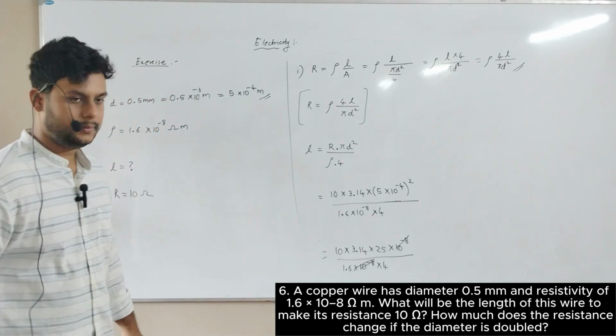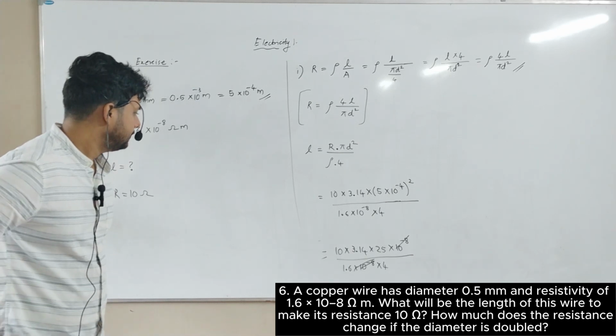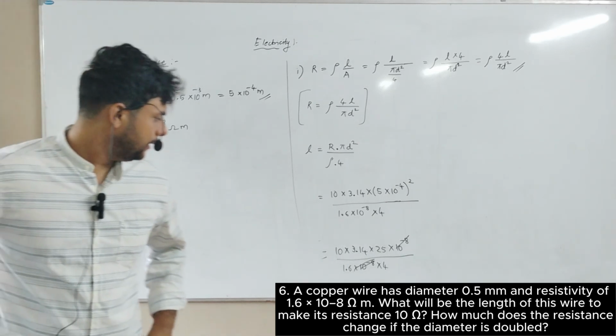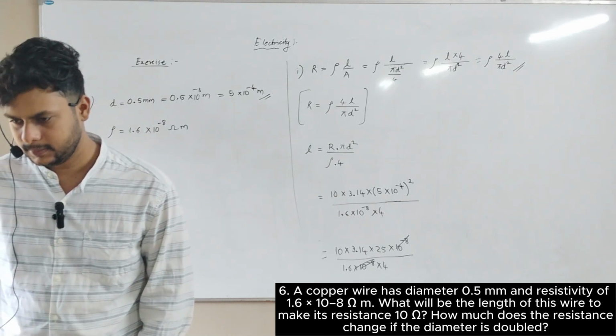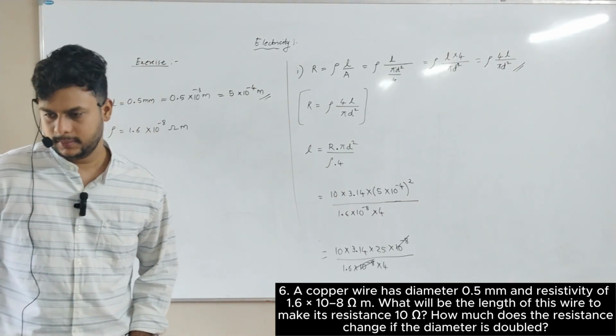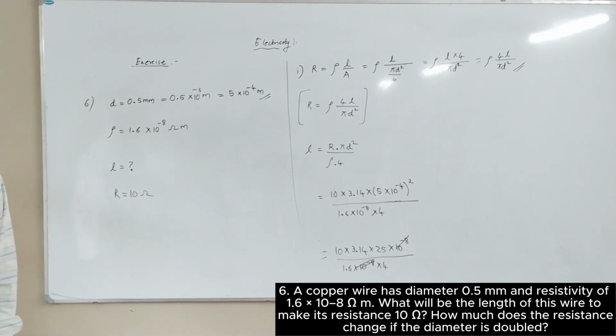Multiply and tell me the answer. 780. Total answer, the last ending answer.